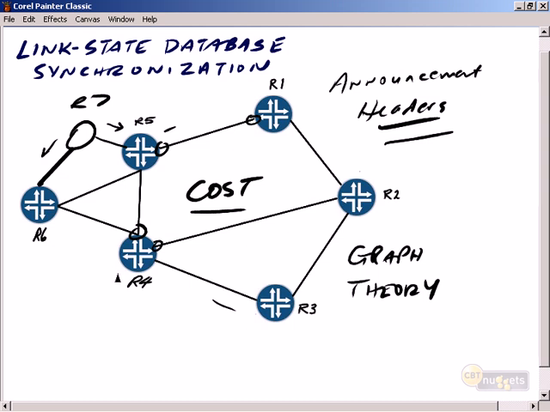So a shortest path is the one with the total cost of all of the outgoing interfaces from the source, let's say router 2, to the destination, router 6. And as you can imagine, since this particular cost is some type of mathematical value, we could manipulate it. We could change it. We could assign higher costs to different links to influence the behavior and the way that traffic flows across our network.